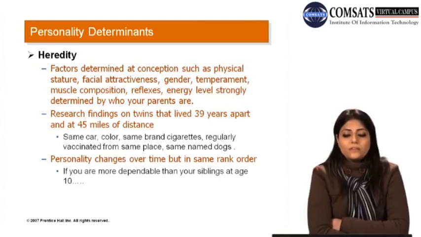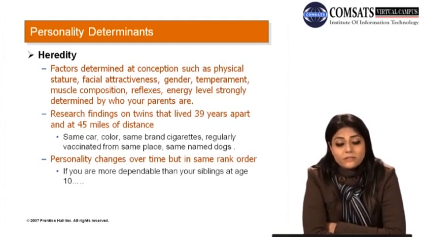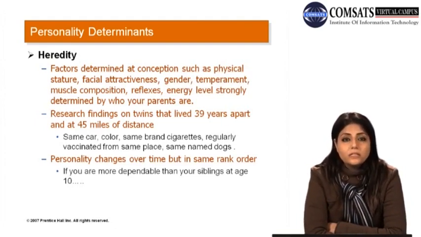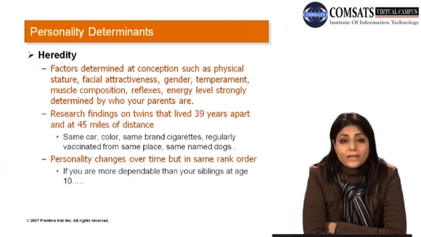Heredity are the factors that are determined at conception, such as physical stature, facial attractiveness, gender, temperament, muscle composition, reflexes, energy level, strongly determined by who your parents are, right?